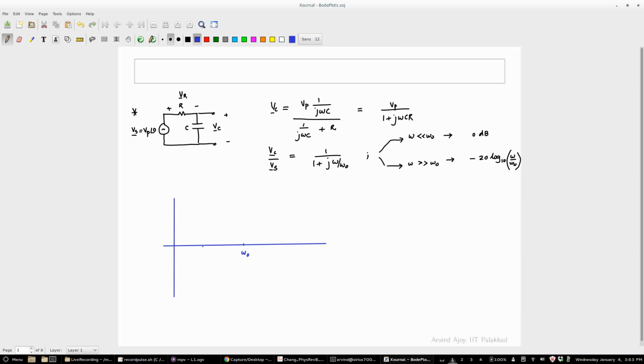And so you can go ahead and plot this function. I say 0.1 omega 0, omega 0 and 10 omega 0.